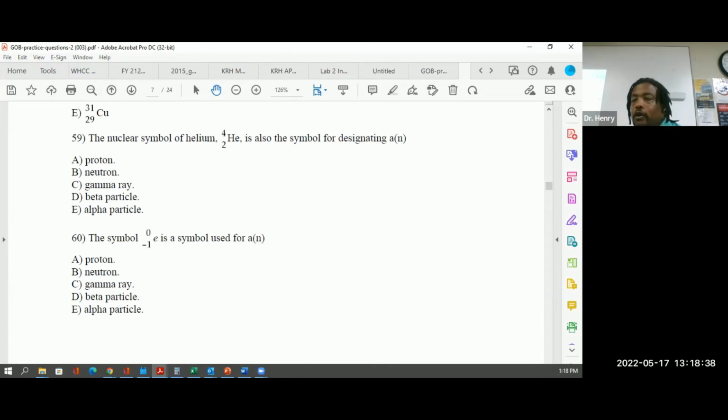Well, we know the symbol for a proton is not helium, so we can get rid of that one. The symbol for a proton would be P, 1 and 1. The symbol for a neutron is N, 1 on top and a 0, because a neutron affects the mass.